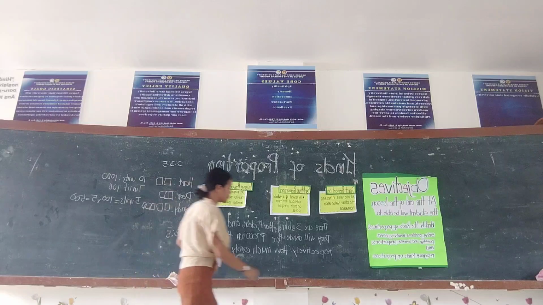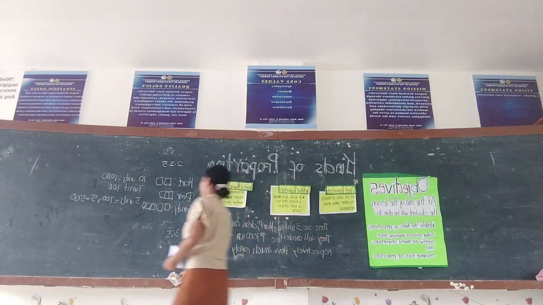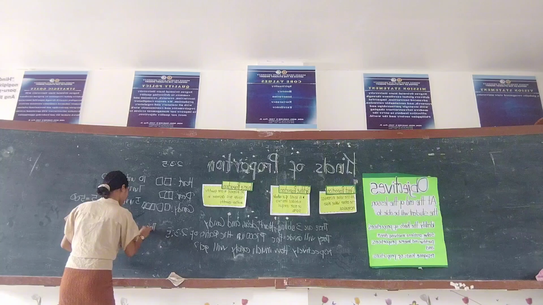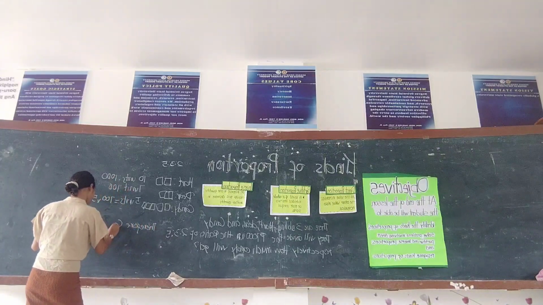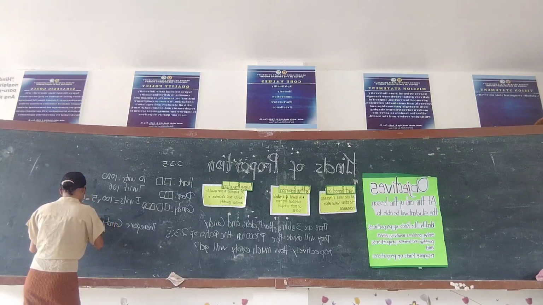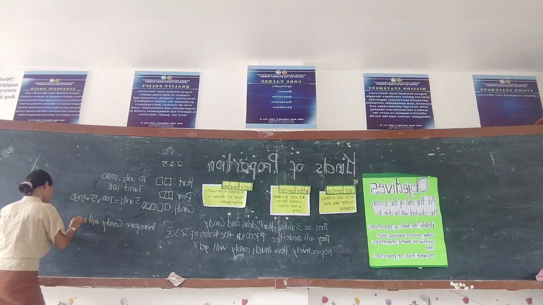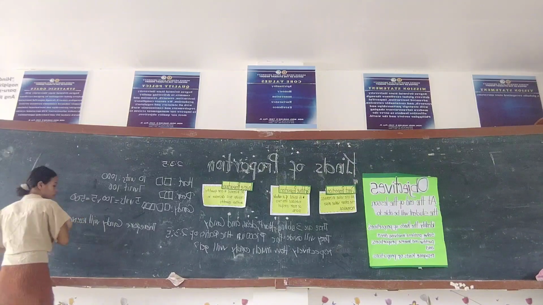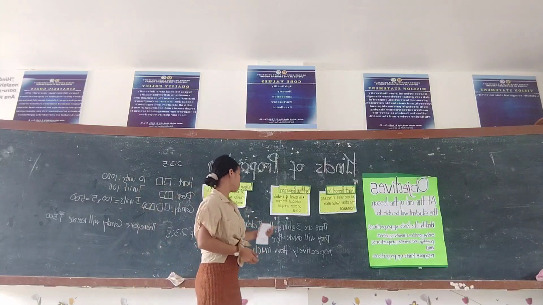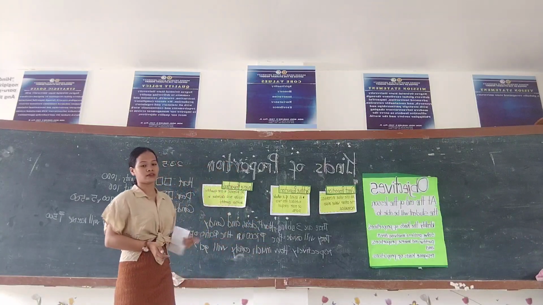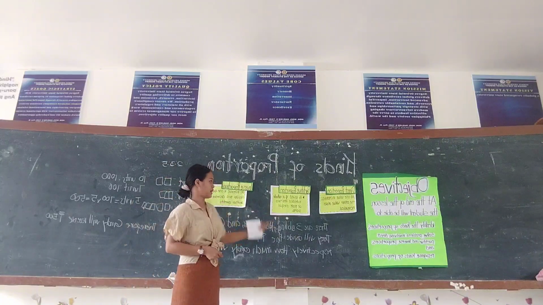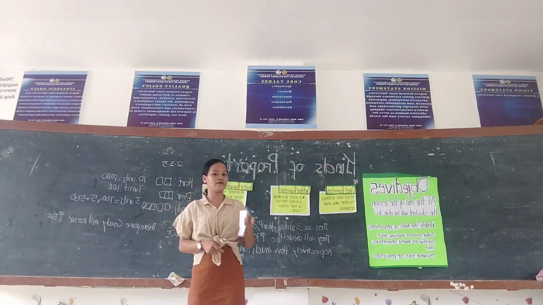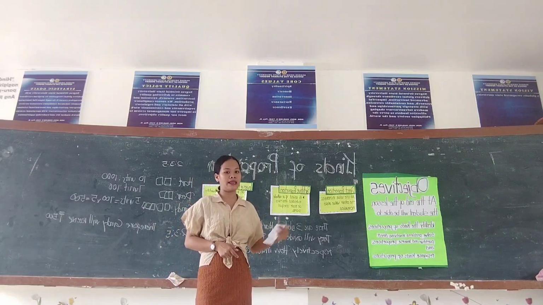Therefore, Candy will receive 500 pesos. So that's an example of partitive proportion, where the whole is divided into two or more parts.